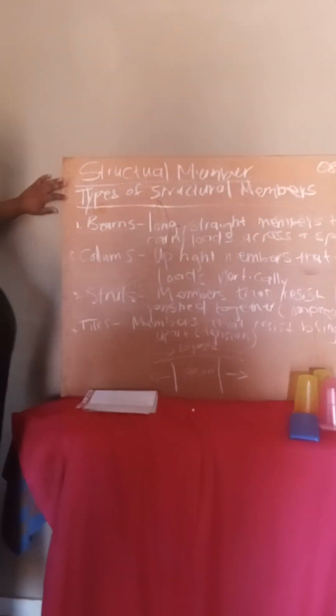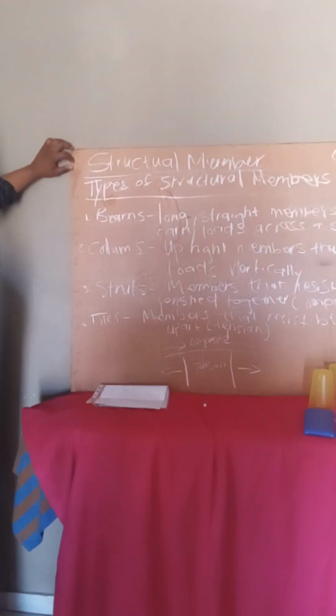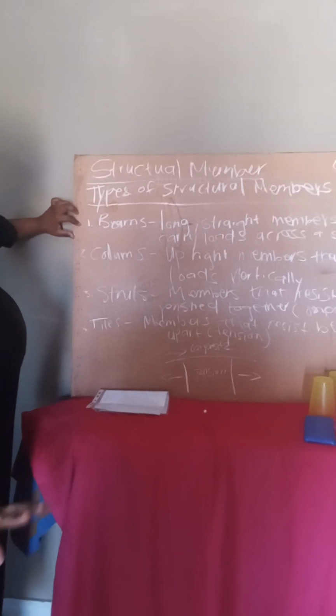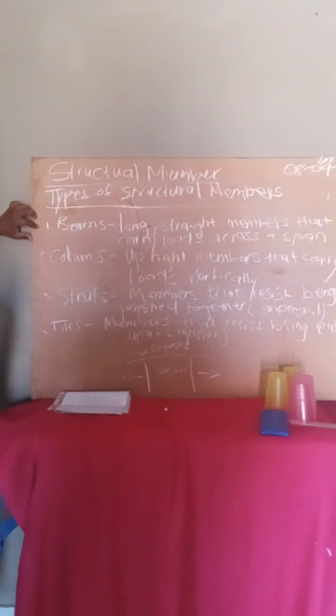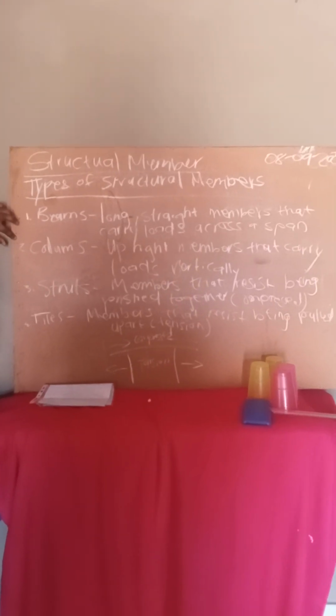Okay, everybody, please focus by looking at the board. So structural members, types of structures, we have beams. Beams are long members that carry loads across a span, and columns are upright members that carry loads vertically.